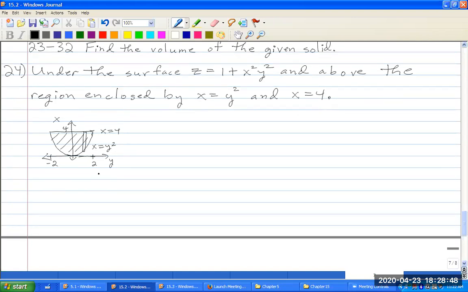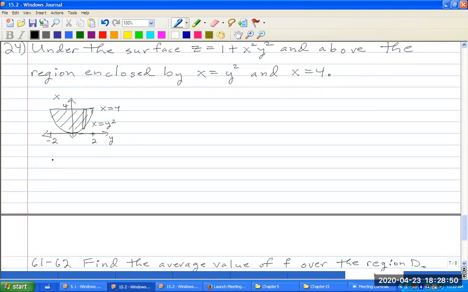And so the volume is just going to be the integral from minus 2 to 2, integral from y squared to 4 of z, which is 1 plus x squared y squared, dx dy.